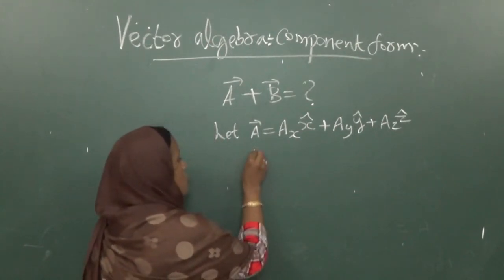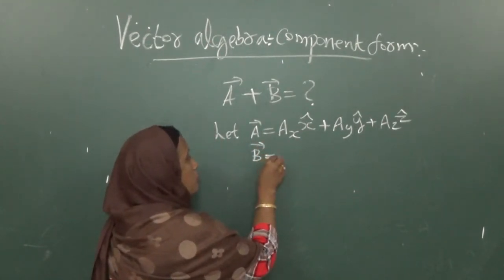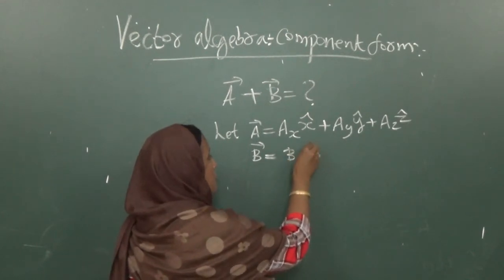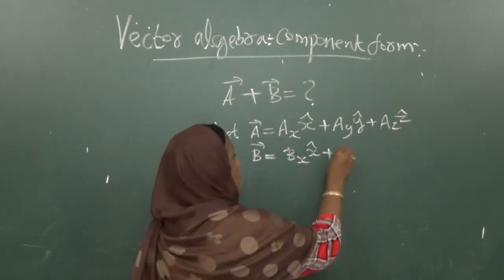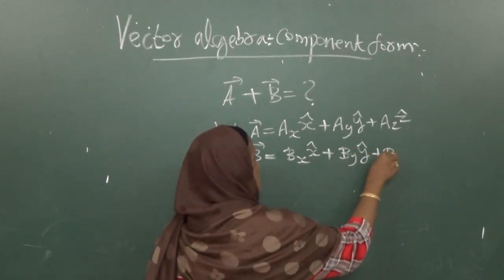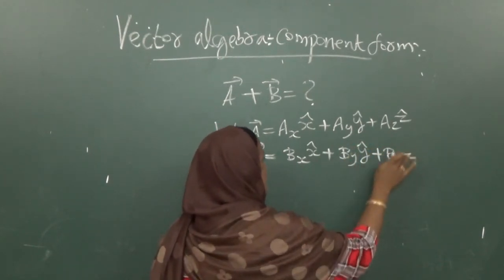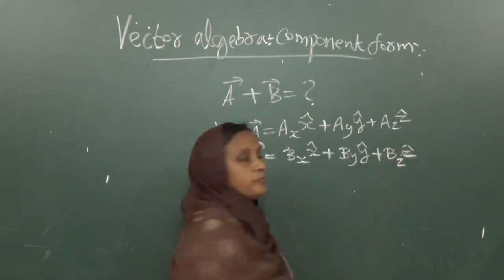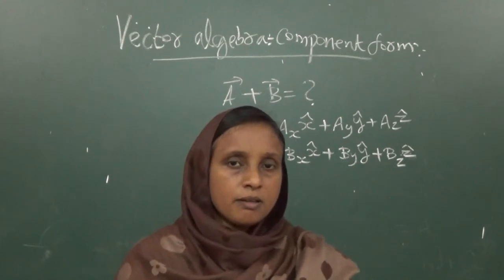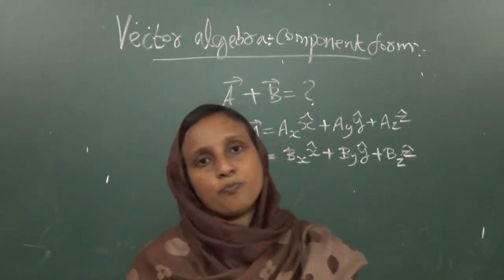Similarly, vector B equal to Bx x cap plus By y cap plus Bz z cap. These are our two vectors, vector A and B, in component form.